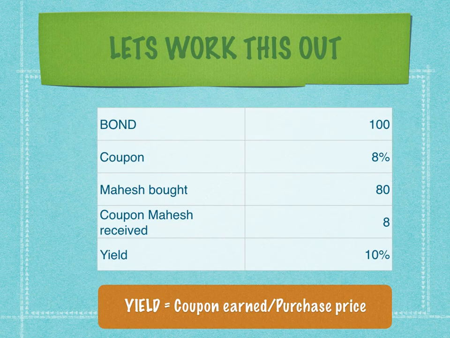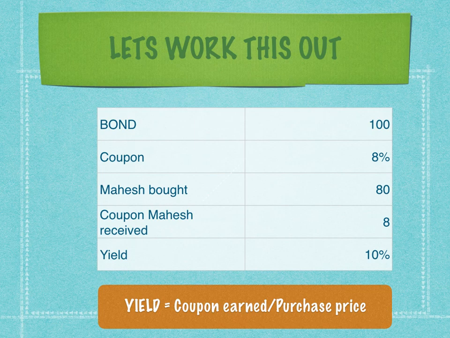Let's work out another example. Keeping the bond par at 100 and the coupon at 8%, Mahesh bought the same bond at 80 rupees. Therefore, how much coupon will he receive? 8.